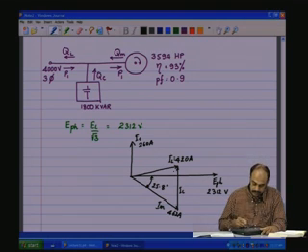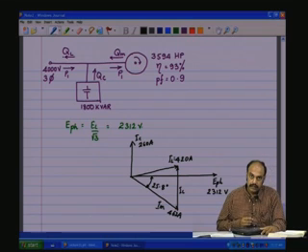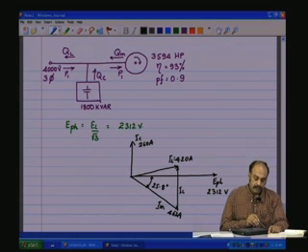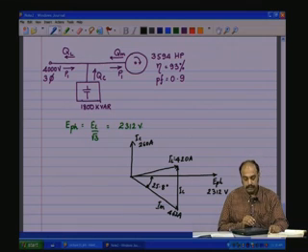Now, IL had a leading reactive component, because the reactive component on the line side has minus 405 kVAR, which is due to excessive capacitive reactance in the compensating network.